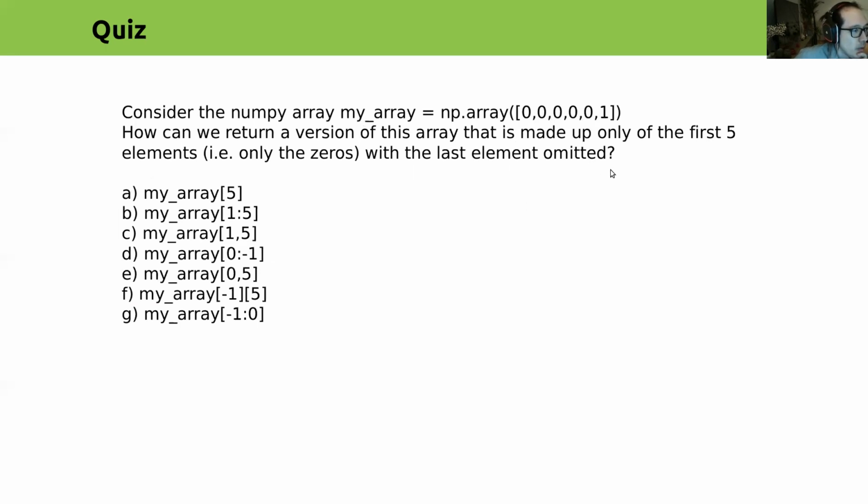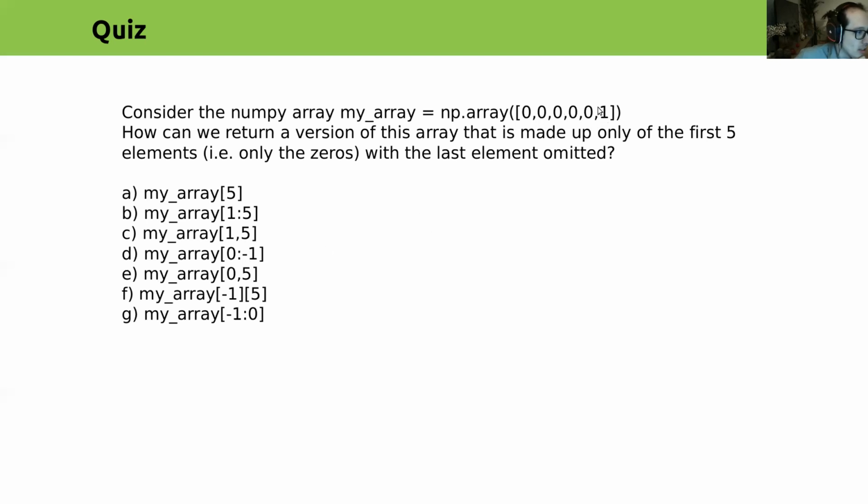So if we want to omit the last element and include everything else, we want to use a colon. And if you remember, the colon works by taking the first number, the position that you're going to start from, and then going up to, but not including, the last position. And we use a -1 to indicate the last position.